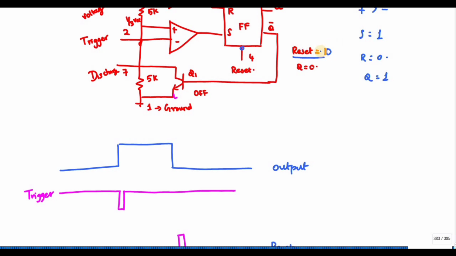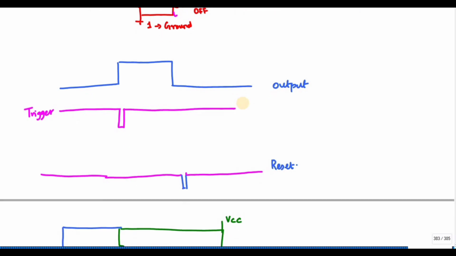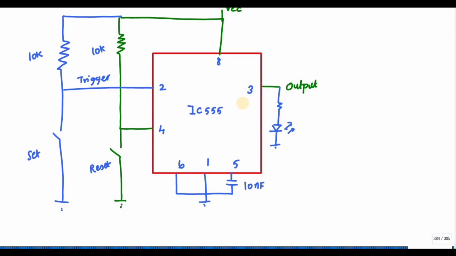If reset is 0, if reset goes to 0 or below this value, my output goes to 0. So this is the working of a bistable multivibrator.